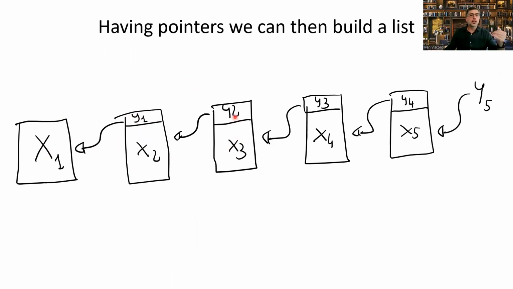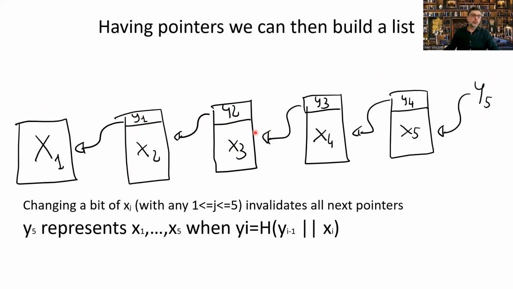You can connect to the previous block again with Y2. That's going to be the hash of the entire previous block, so Y1 concatenated with X2. Okay. You can continue and continue and continue. And in the end, you have Y5. Okay. Y5 is a short representation of the entire list of blocks. Why so? Because if you modify a single bit of the first block or of the second block, of any block that is in this list, this will impact Y5.